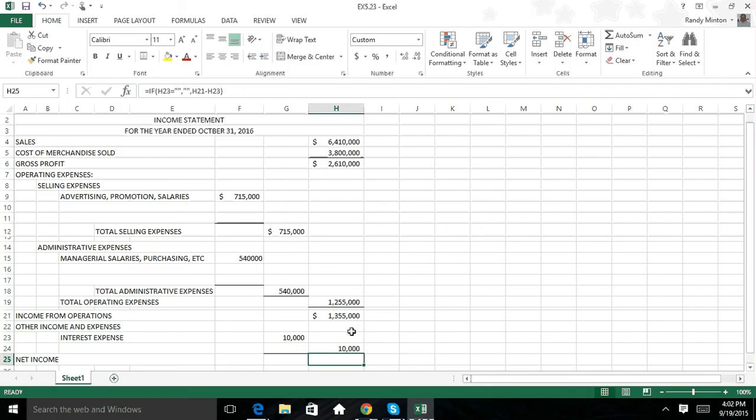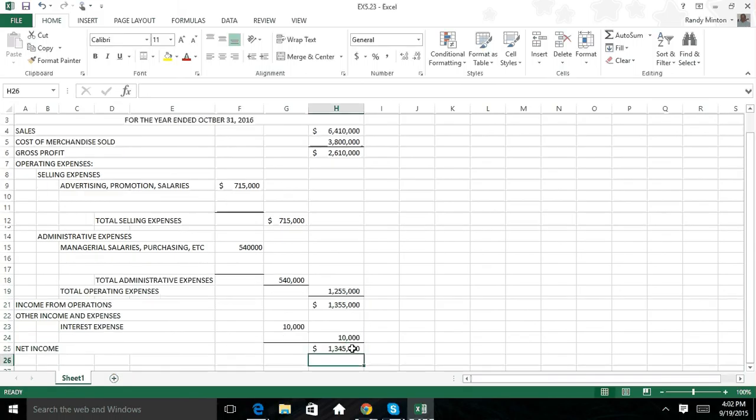And then this number minus this number will yield the net income for this particular problem. So it's equal to this number here minus this number here. $1,345,000 will be the amount that this company is showing for income for the year ended October 31st, 2016.